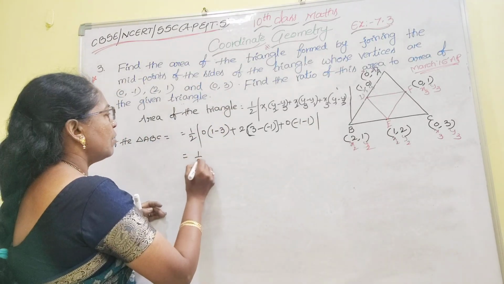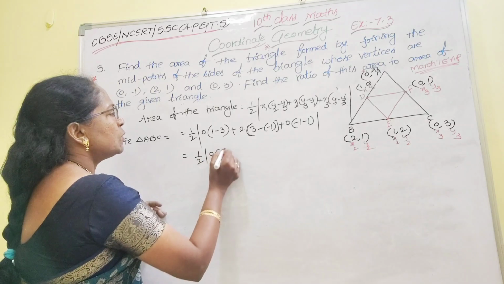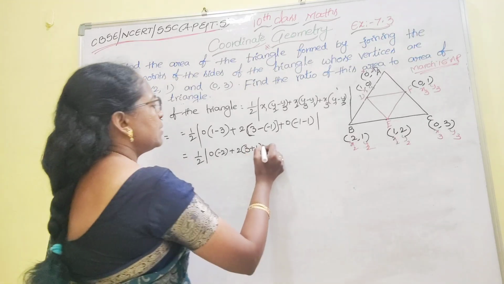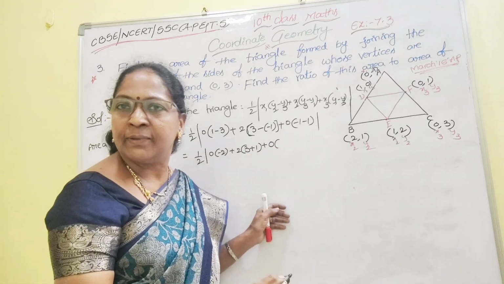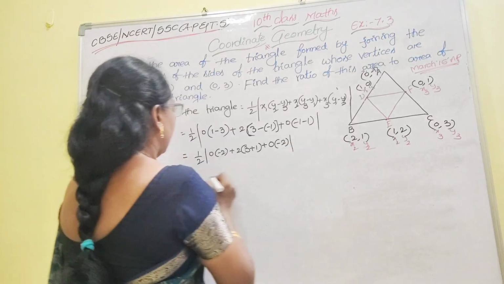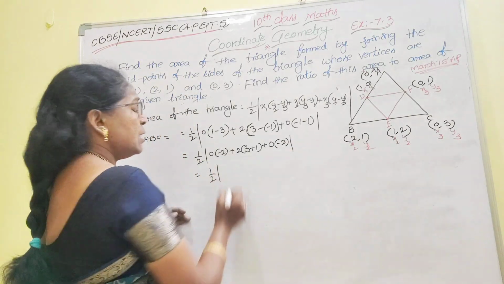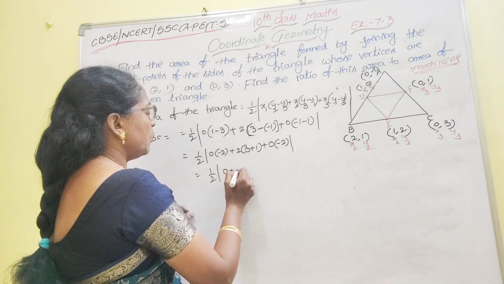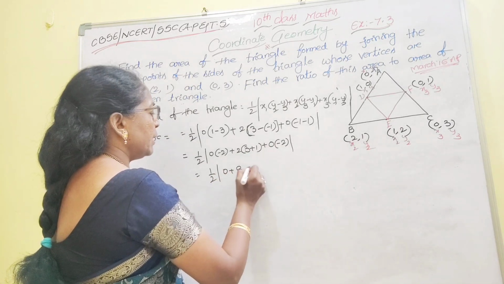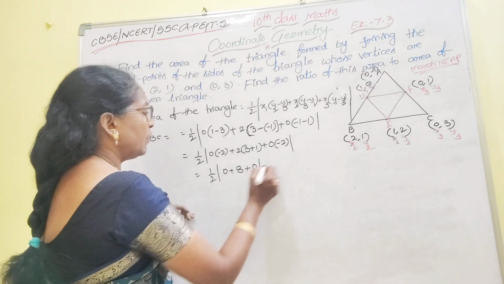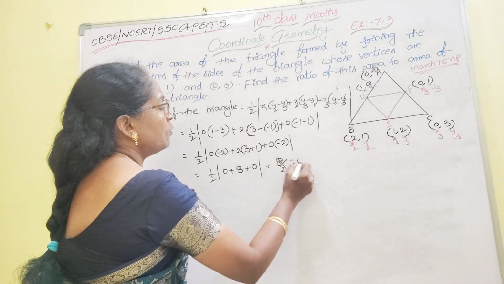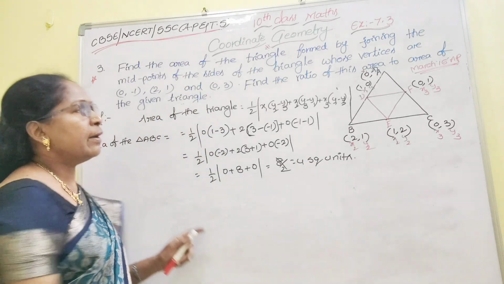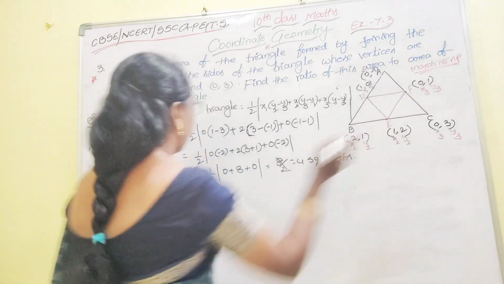Now that equal to half into 0 into minus 2 plus 2 into 3 plus 1 plus 0 into minus 1. That equal to half into 0 plus 2 into 4, 8, plus 0. That equal to 8 by 2 equal to 4 square units.